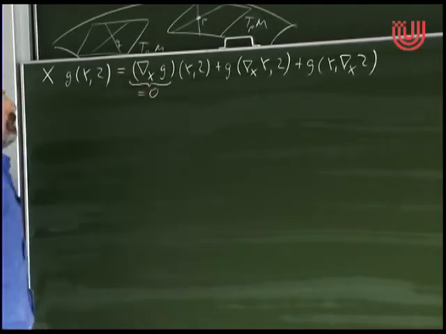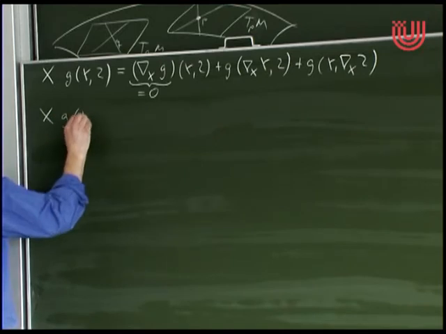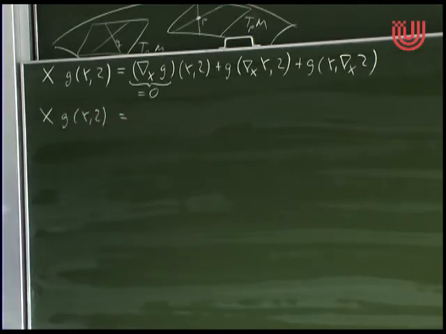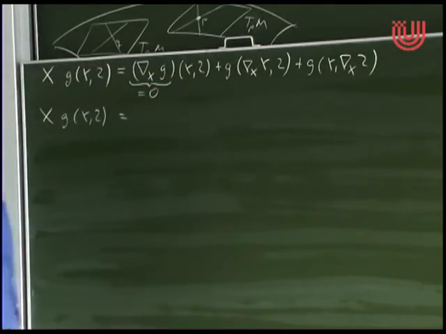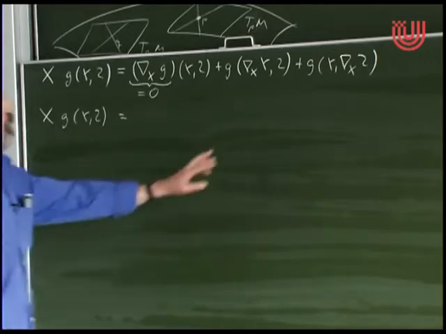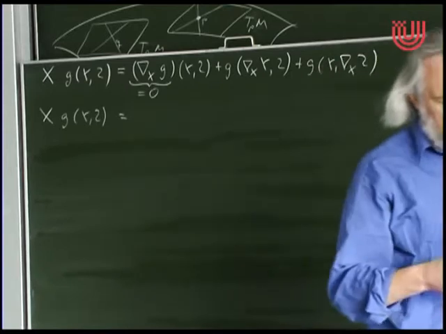We assume that our connection is metric. So we get x g y z is this here. And here I can turn around the order by using the fact that the torsion vanishes. For which term I do this?